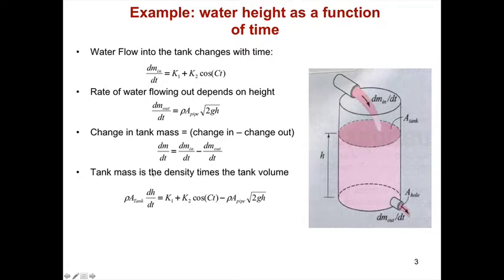So when I incorporate that, the tank area and rho are not changing in time. What's changing is this height. So dH/dt is whatever is coming in minus whatever is coming out. So this entire expression is a function of both time and height. So I have dH/dt as a function of both h and t.